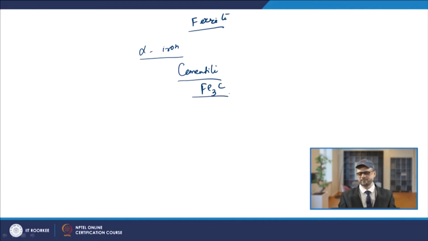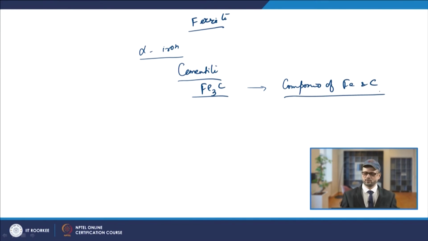It is basically the chemical compound of iron and carbon, with a carbon content of about 6.67%, and it is formed at about 1500 degrees centigrade. It is the hardest constituent found in the iron carbon alloys. So, it is extremely hard.